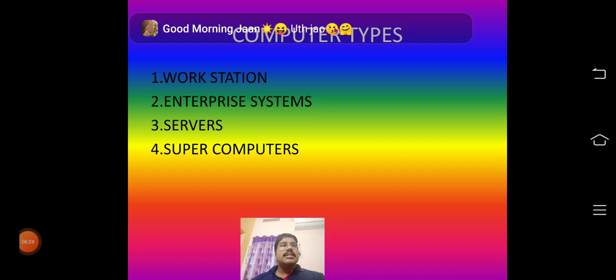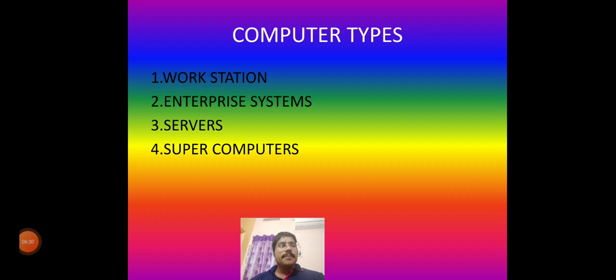The second one is enterprise systems. Enterprise itself means a company. So the systems that are used in a company are generally referred to as enterprise systems, whether it is a software company or some other company.